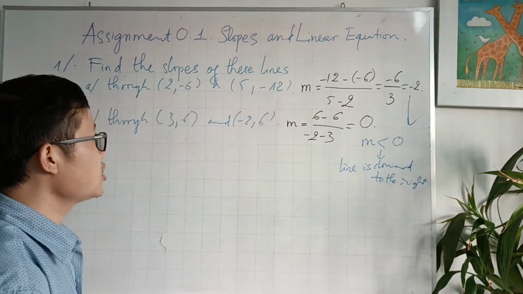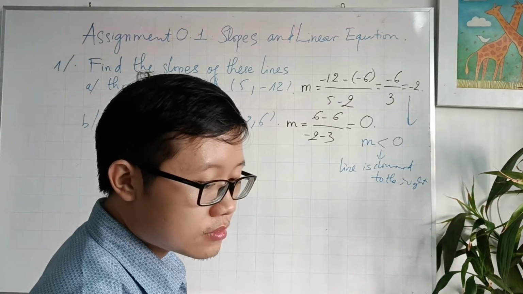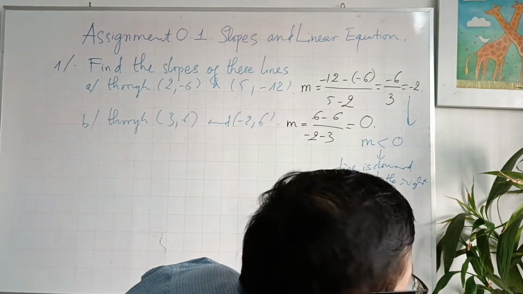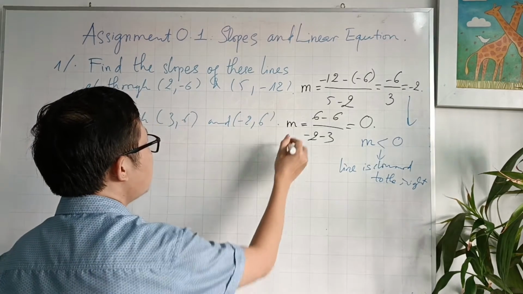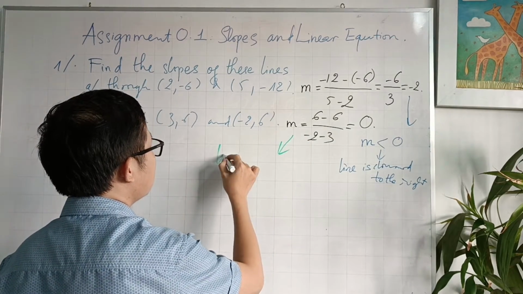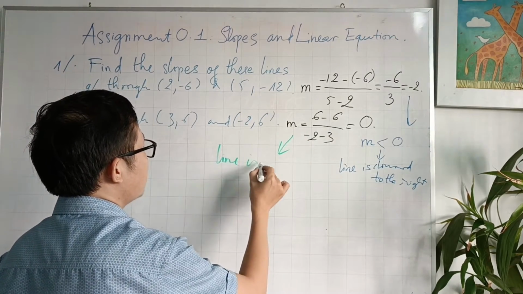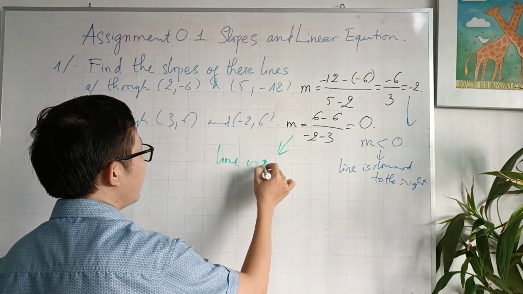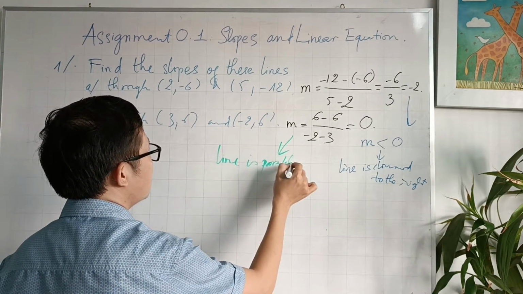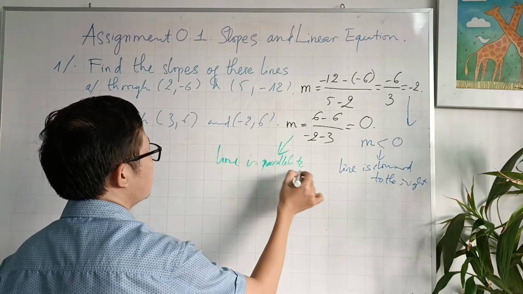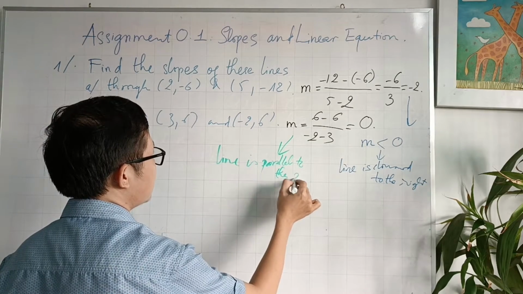And in question B, we have m equals 0. So the line is parallel to the x-axis.